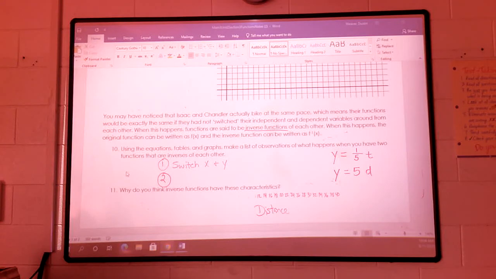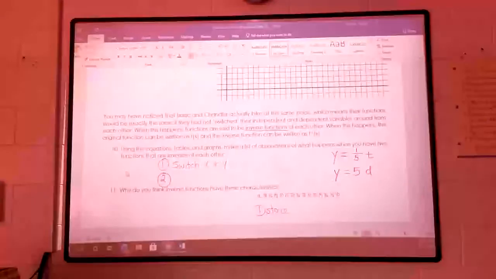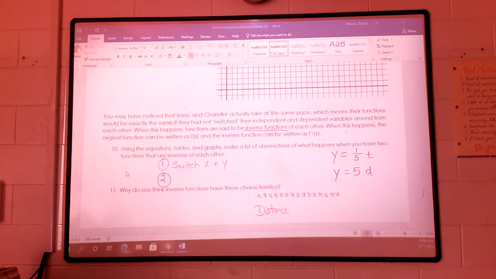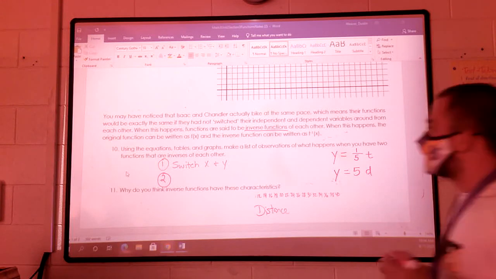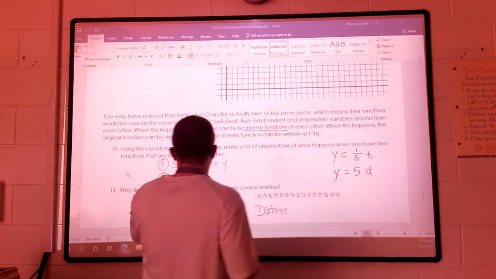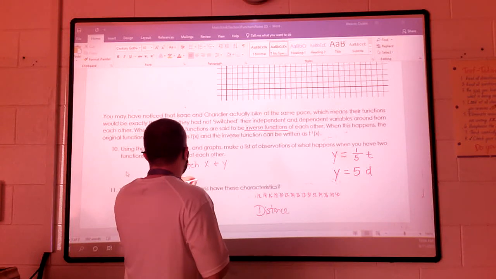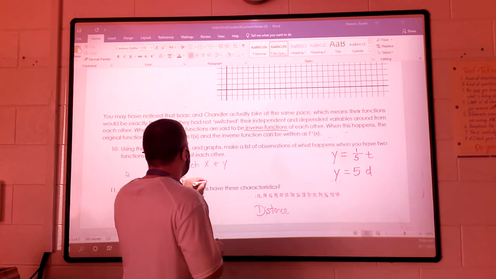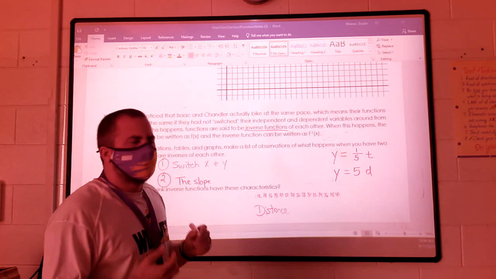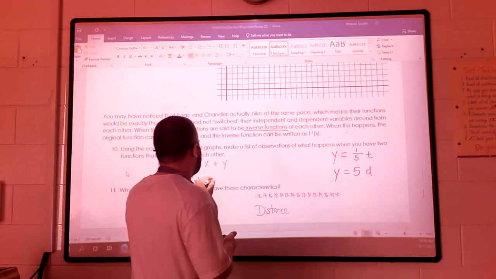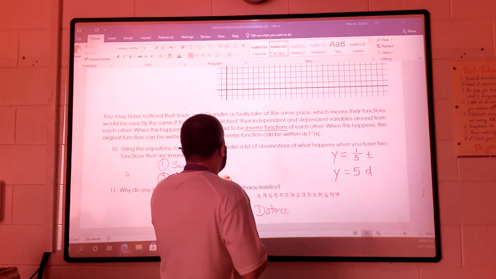So what's the connection there? The slopes are, and the word is called the reciprocal. It's a different word, but the slopes are reciprocals of each other.